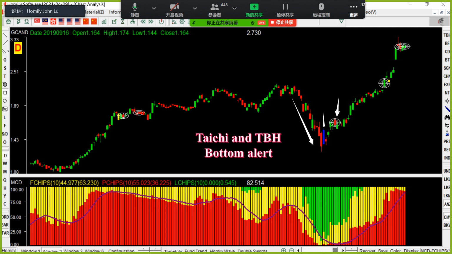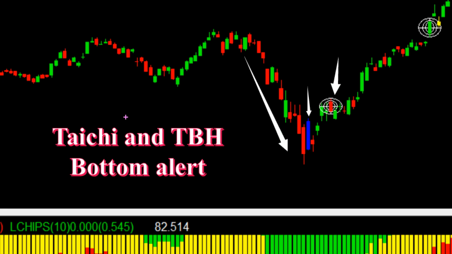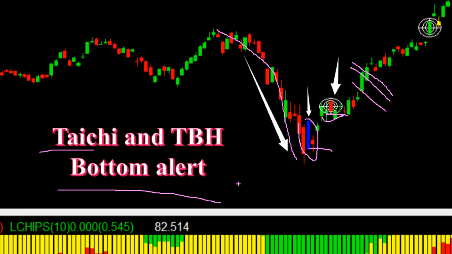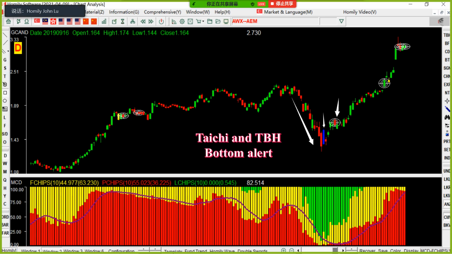We can use the blue Taiji or the 10 black hole. After dropping down so much, we get the alert to tell you, bottom alert, then no need to wait until the price crosses up the yellow rainbow, the reversal point. So somebody will buy earlier. So you see what happened for this chart.